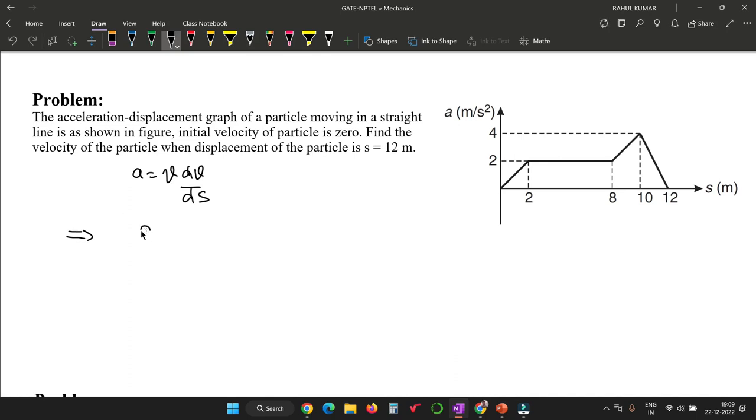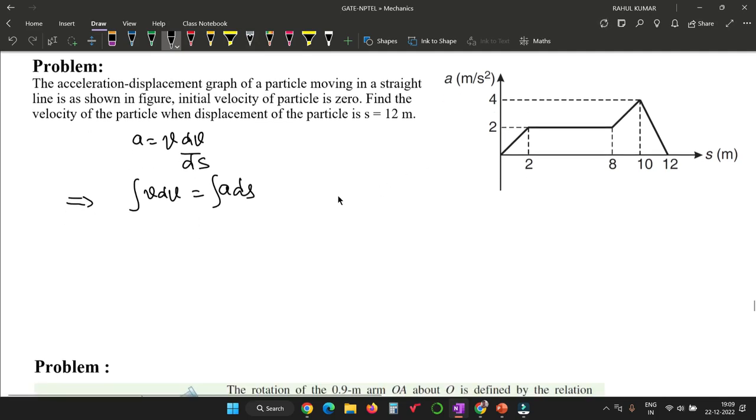So when you cross multiply, you will get v dv equal to a ds. If you integrate, then you get the area under the a-s diagram, which is nothing but the change in v squared by 2.